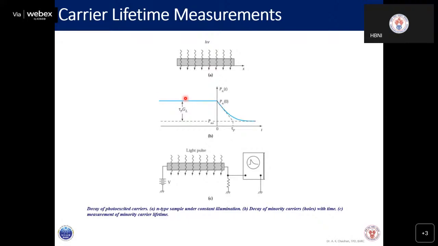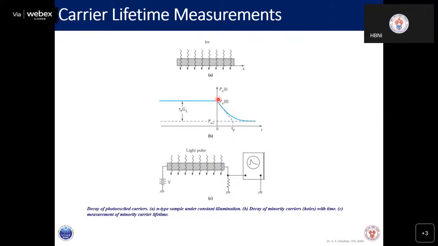You measure this current, and then after that you suddenly stop the illumination. You just switch off the light source. Then what will happen? The carriers will start to recombine.